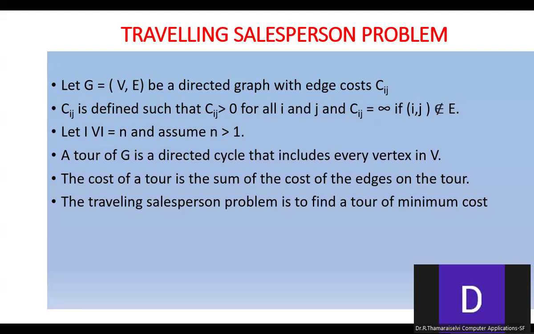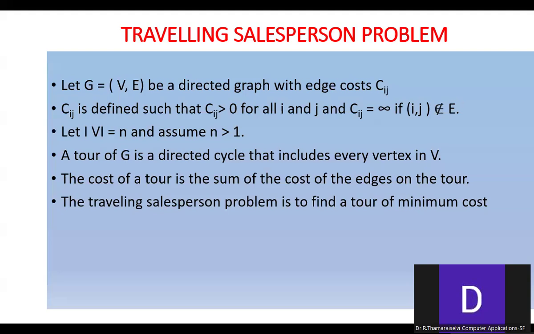Next, a tour of D is a directed cycle that includes every vertex in D. Why is it a directed cycle? The traveling salesman should start from a city, and after visiting all the cities, he has to return to the city where he started his tour.